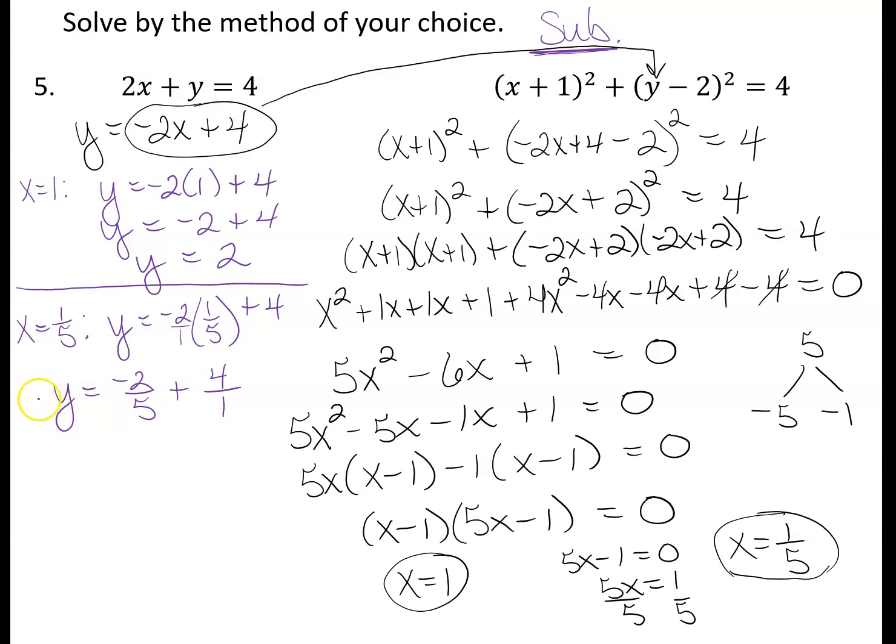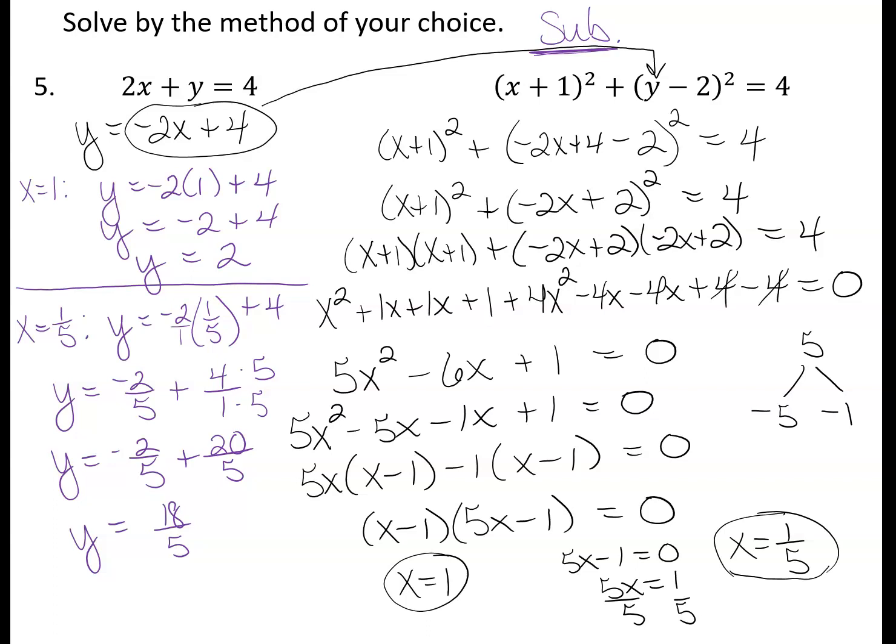If you prefer, you could multiply everything by 5 and clear the fraction out. Let's see, my LCD would be 5, so I'm going to multiply by 5 on that second fraction, top and bottom. Makes that 20 over 5. And negative 2 plus 20 is going to be 18. Keep the denominator. So when x is 1/5, y is 18/5.